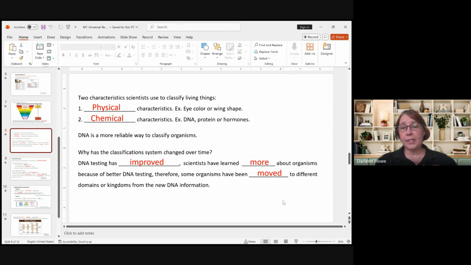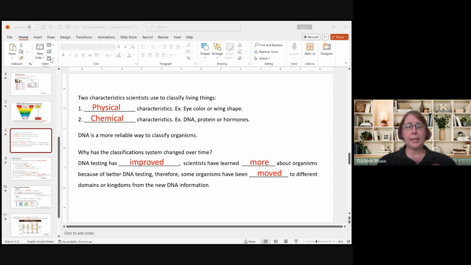Why has the classification system changed over time? I know a lot of you struggled with this in class, and I honestly didn't even remember what I had put in these headings, but now this makes sense to me. DNA testing has improved over time. First of all, we didn't have DNA testing at all. But as time progresses, all of our technologies and methodologies get better.